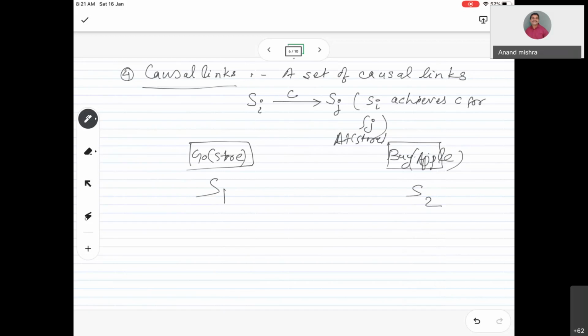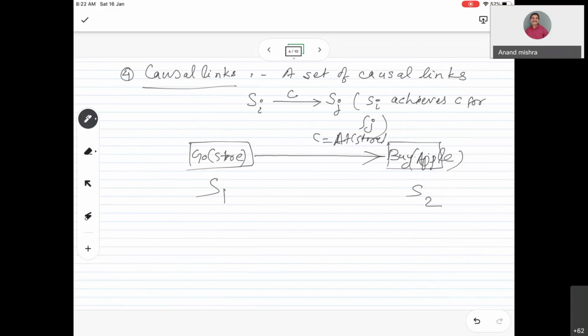So between S1 and S2 there can be a causal link. C is the postcondition of S1 and C is the precondition of S2, and then you can link S1 and S2 using a causal link. You need such causal links to define a plan.